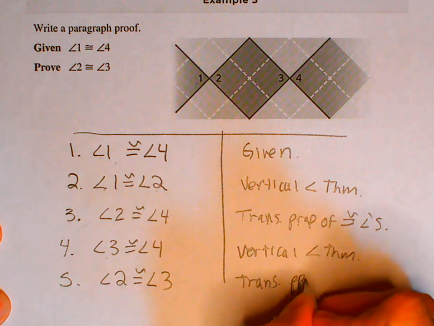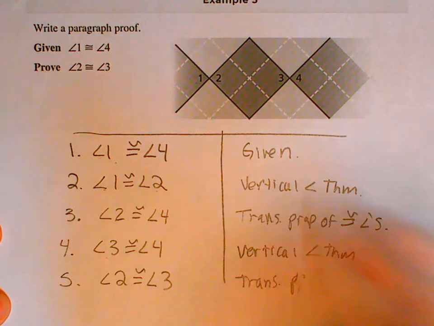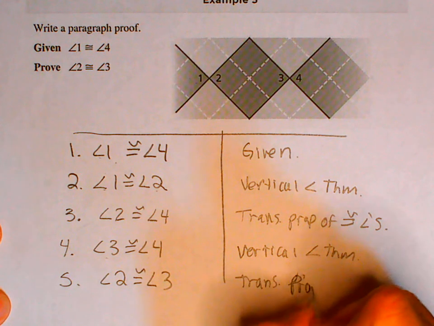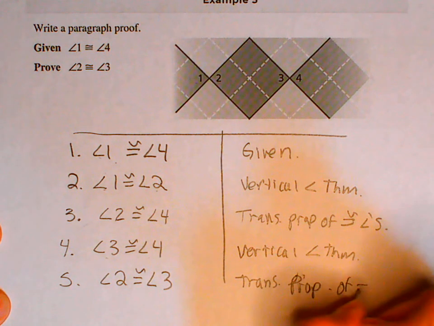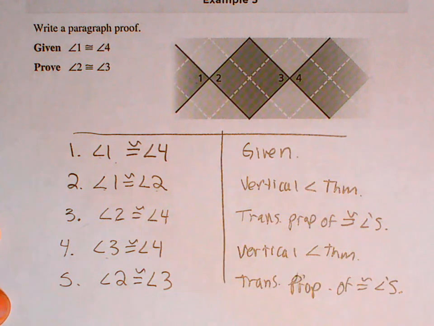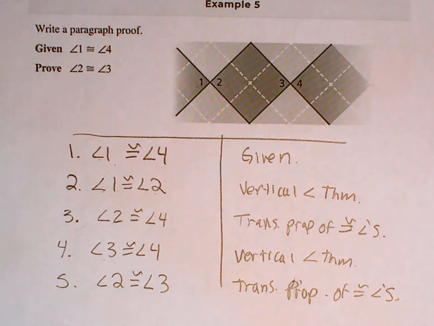Transitive property of congruence of angles. Hence now we have finished our proof. We have proven that 2 and 3 are indeed congruent. Please make sure you guys are completing your extra practice, and we will see you all later.